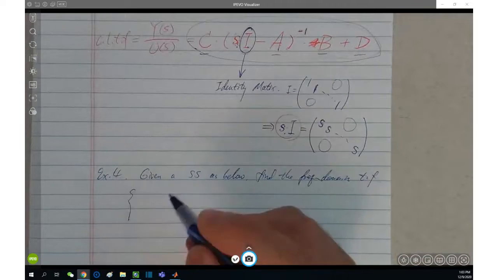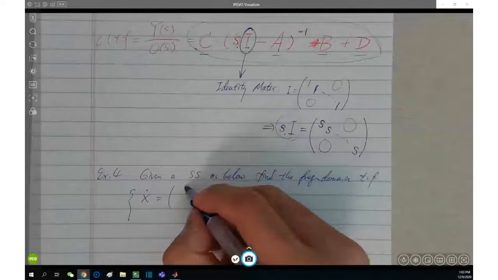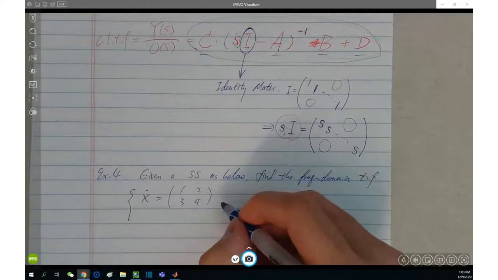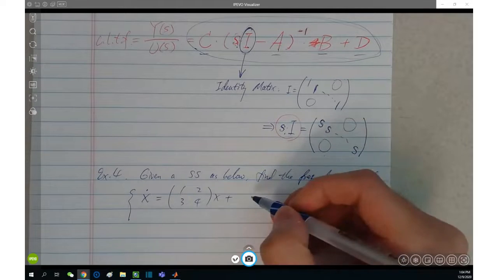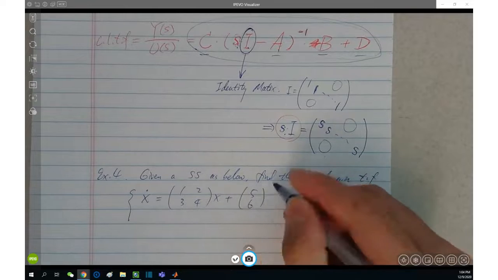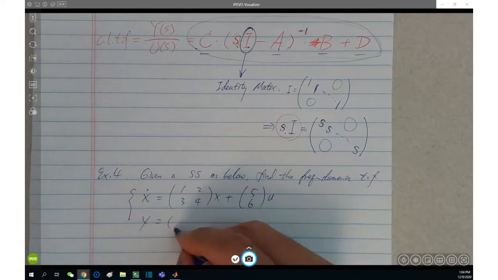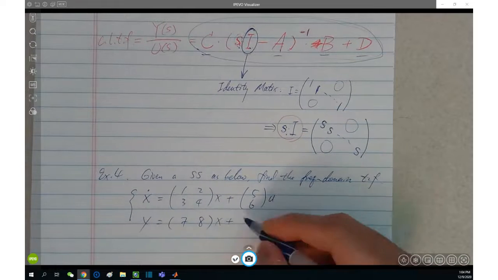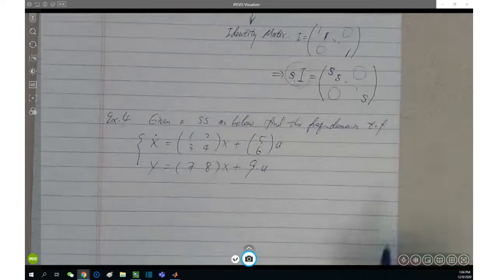The given state space is like this: X-dot equals the matrix 1, 2, 3, 4 times X plus 5, 6 times U. The Y here equals 7, 8 times X plus 9 times U. Of course, apparently I randomly designed the numbers and the entries of the vector and the matrix, just to show you the procedure, how we should do it.